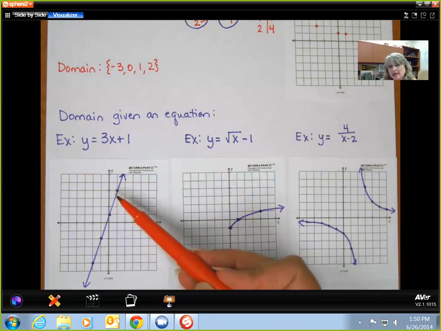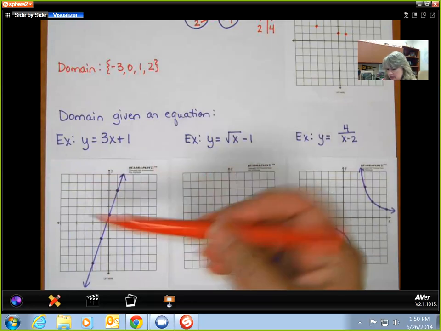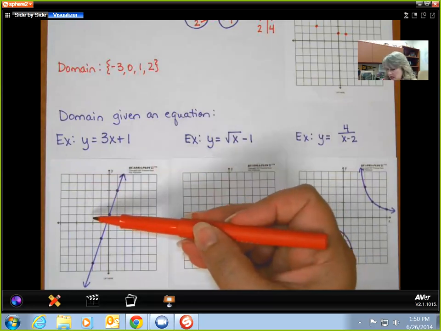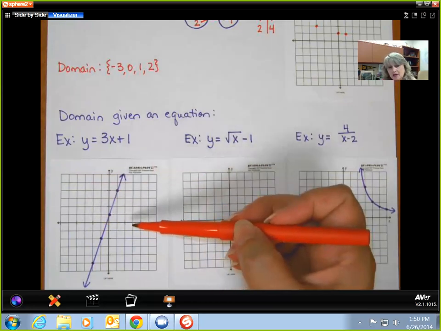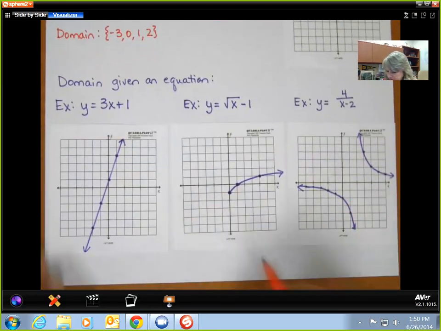If I think to myself, are there any restrictions on my x's? Is there any value that I cannot put in place of x? No, there's no restrictions. Notice this line goes forever to the left and it goes forever to the right. So the domain of this function is going to be all real numbers.